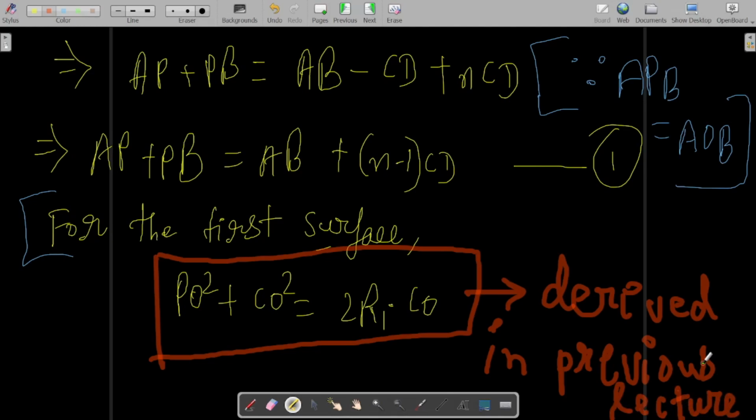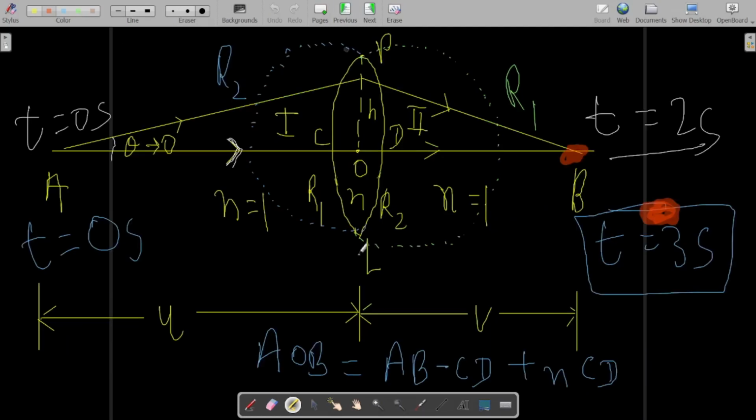So just go to the previous lecture and watch it. Although it was taught on a tablet, so the experience might not be very good, you will understand everything. It shows why PO square plus CO square is equal to 2R1 times CO for this particular surface.